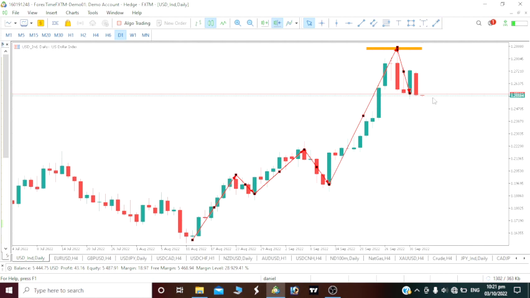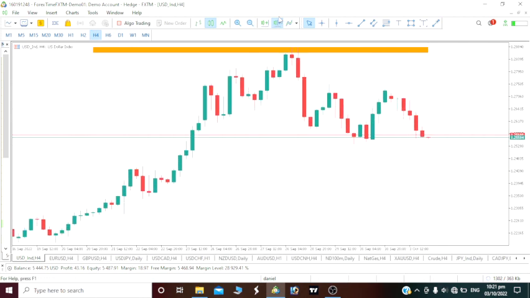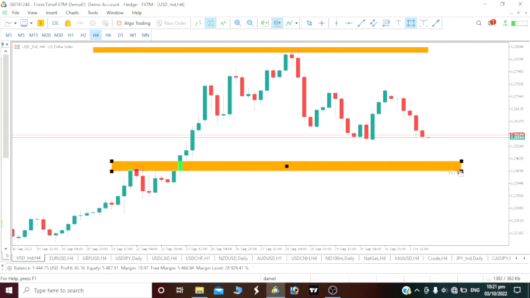The reason why I say so is that we would go to the 4-hour time frame. On the 4-hour time frame, where can we see this next level? If you are having a drop, at this level we would want to see the USD index drop to. Why? The reason is that once price came to this level, we had a pullback before price broke above it. Now that price has broken above it, of course we should see the price come to test that same level.